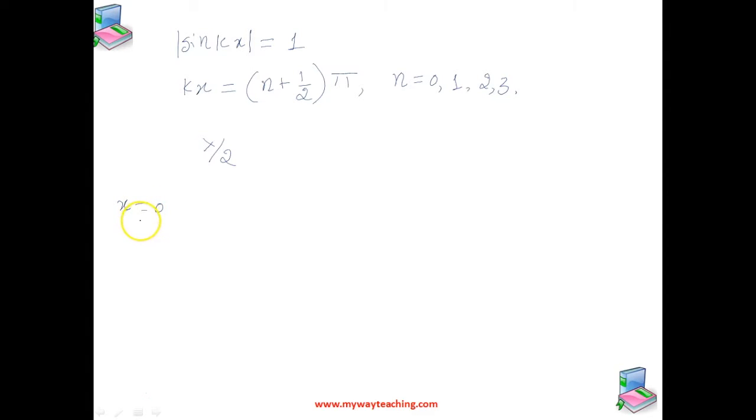The boundary conditions are that x is equal to 0 and x is equal to L are the positions of nodes. The x is equal to 0 condition is already satisfied. The x is equal to L node condition requires that the length L is related to lambda. So L is equal to n lambda by 2.